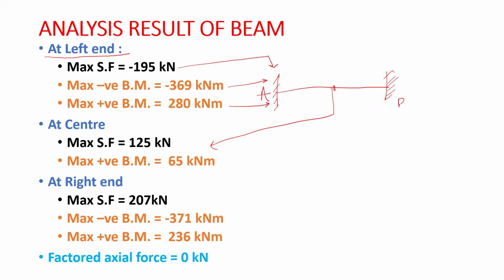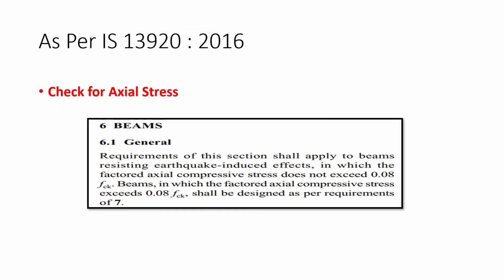And then at end B, these are the results: maximum shear force, negative bending moment and positive bending moment. Factored axial force here is 0 kilonewton. This much data we will require in order to start the design or ductile detailing.